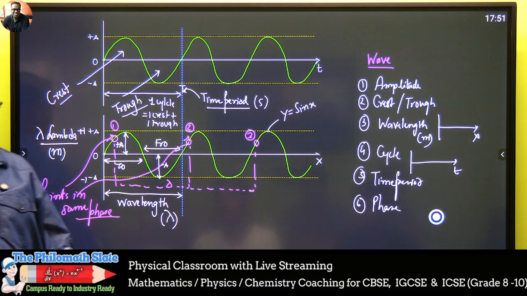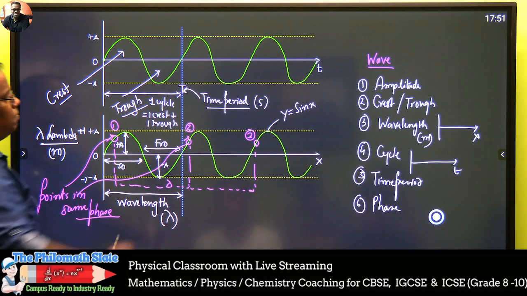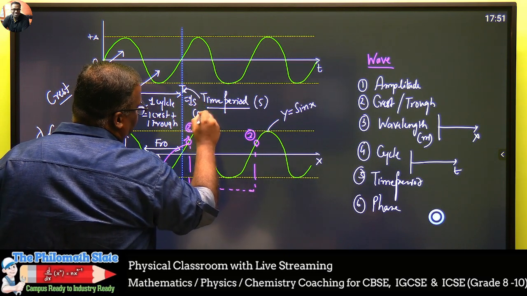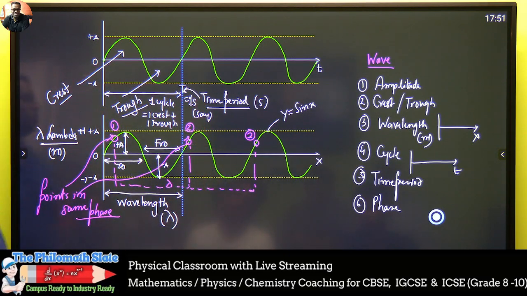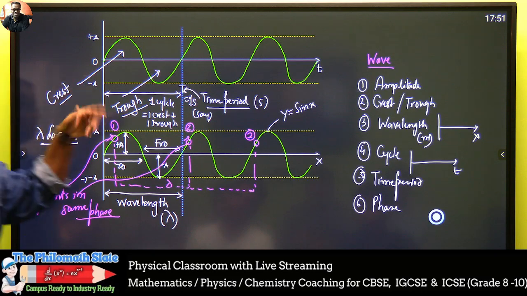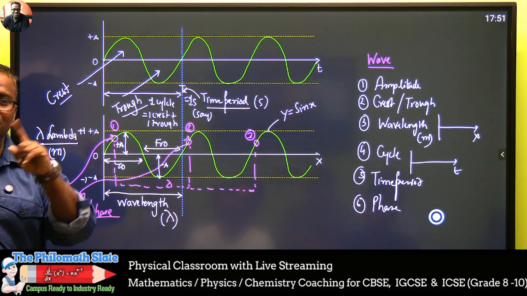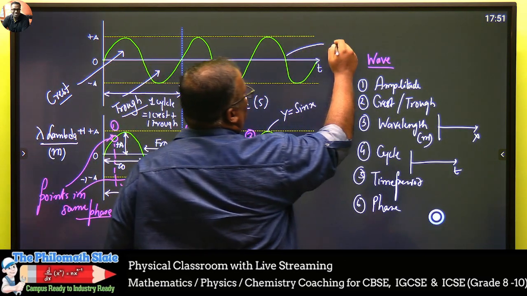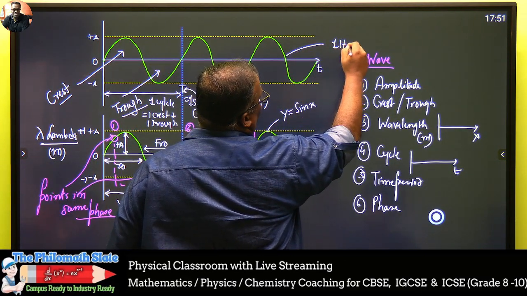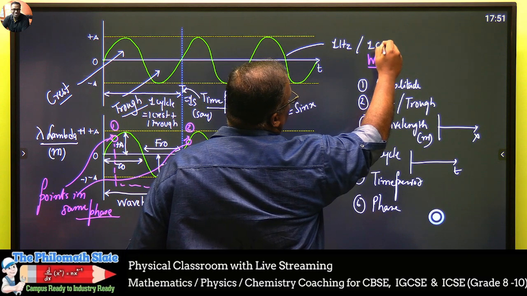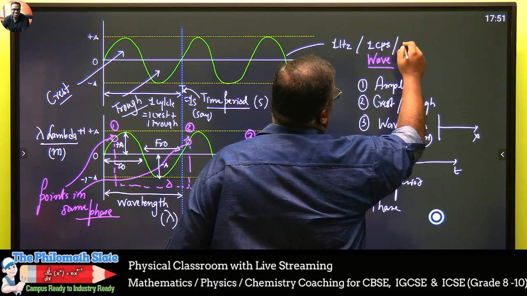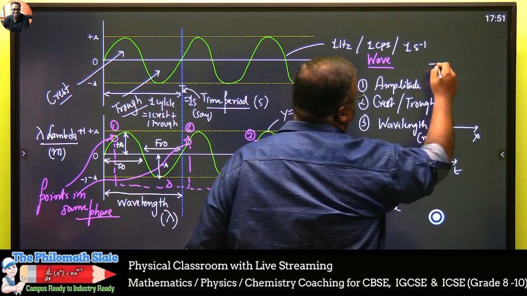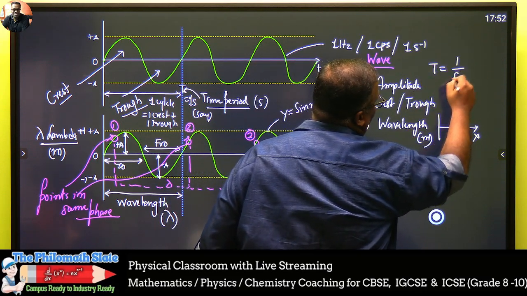Right, no questions. Okay, say suppose this t's value was equal to 1 second. Say 1 second. So now the question arises, how many cycles in 1 second? 1 cycle. This particular wave is having a frequency of 1 hertz or 1 cps or 1 second minus 1, because I know that time period is inverse of frequency.